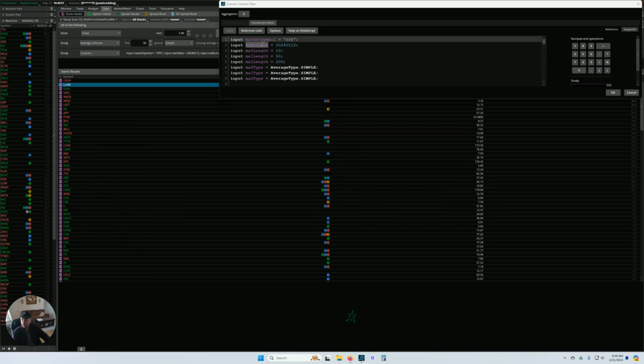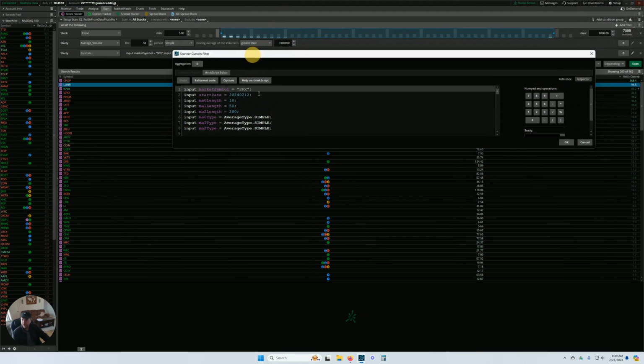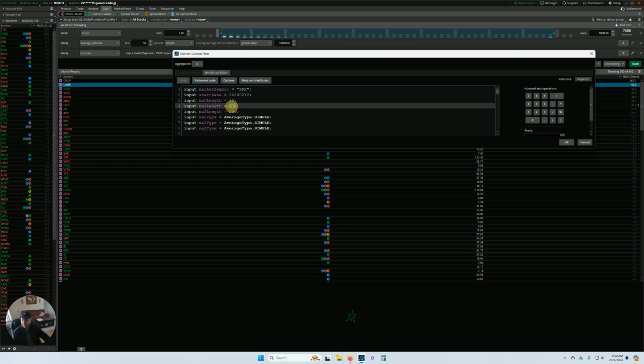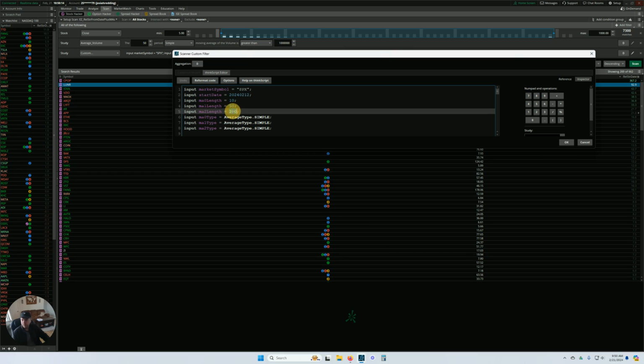So on the first version of the scan that I ran, I had this set to only look for strength from the date, but now I have it set to look for strength from this date and that the 10 SMA is above the 50 SMA, which is also above the 200 SMA. So each of those are stacked on top of each other.